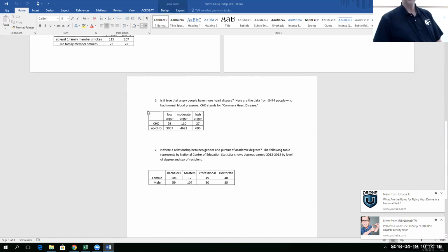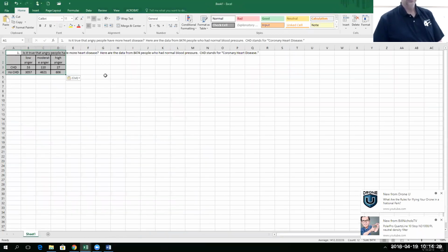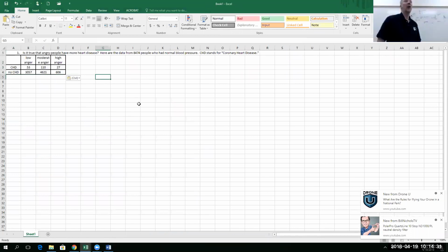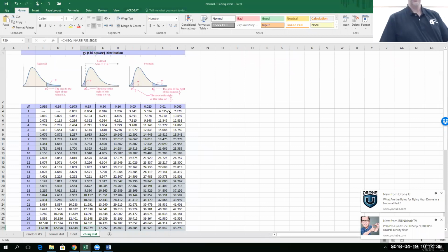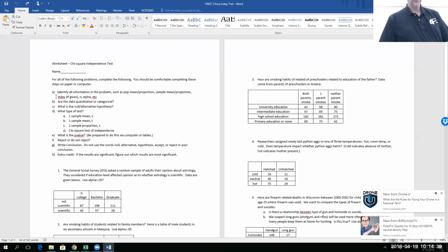I'm going to copy this table. If I can copy it, I'll copy the whole thing. Okay, so if I open up Excel, let's go through our steps. In fact, I'm going to copy the homework here. The homework says identify all the information.